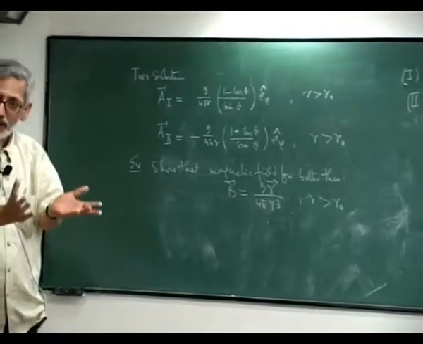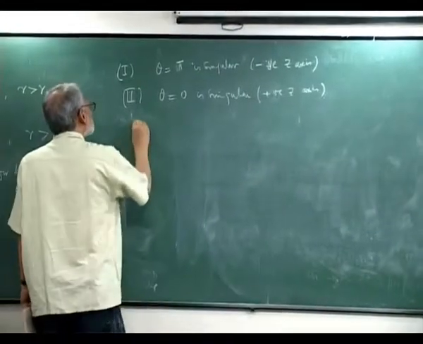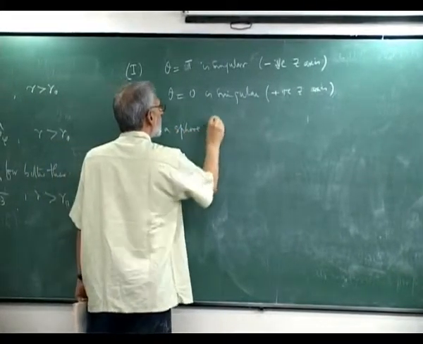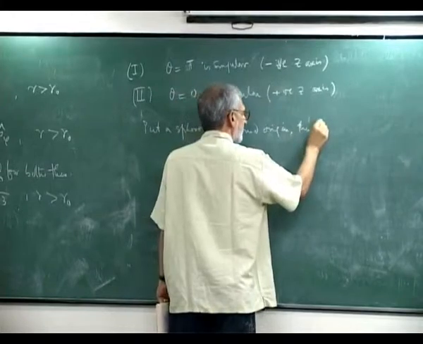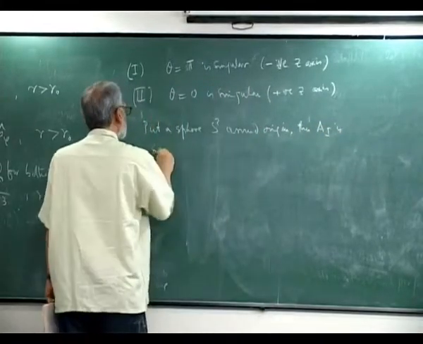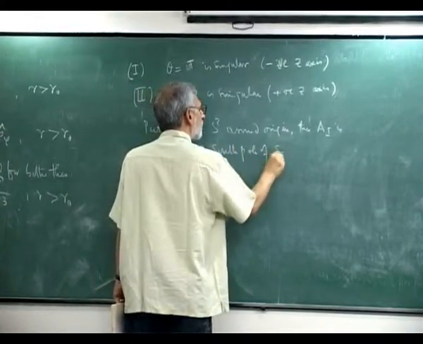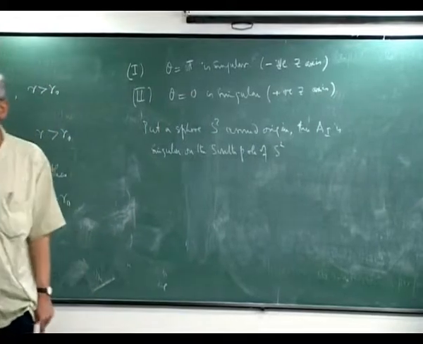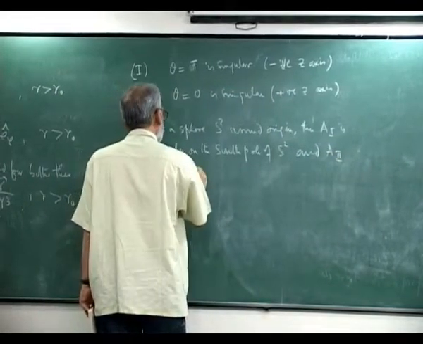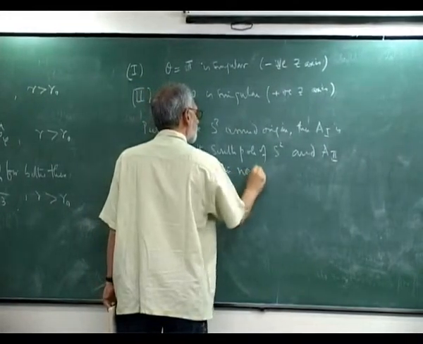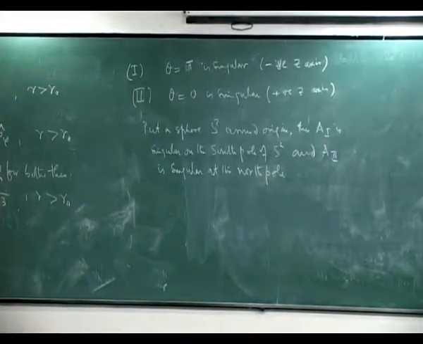Now if I put a sphere S2 around the origin, then A1 is singular on the south pole of S2 and A2 is singular at the north pole. Clear?